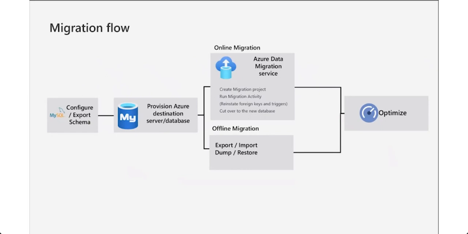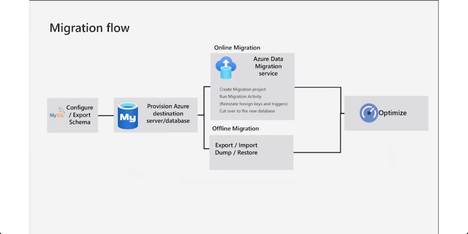During your migration assessment, you would already have determined and planned which approach to migration you're going to take, whether you'll be using a migration in an offline fashion or an online migration for minimum downtime.